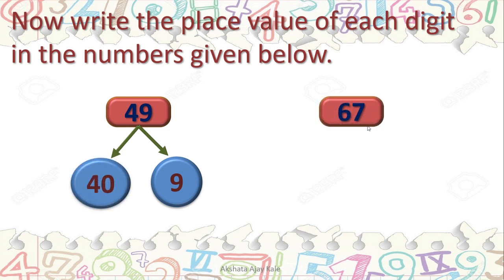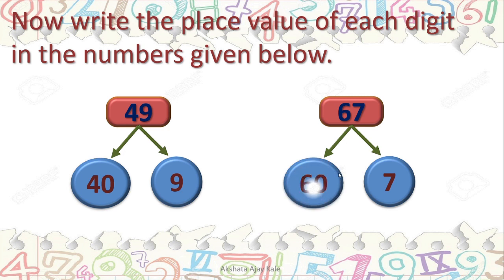Next number is 67. 7 in unit place and 6 is in tens place. The place value of 7 is 7 and the place value of 6 is 60, isn't it? Because 6 is in tens place, correct?